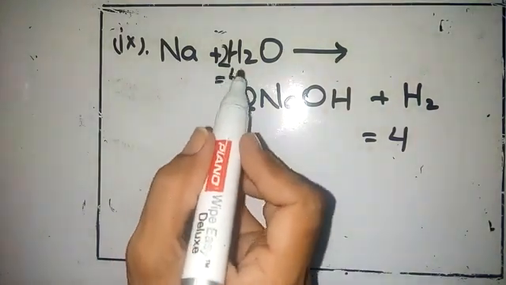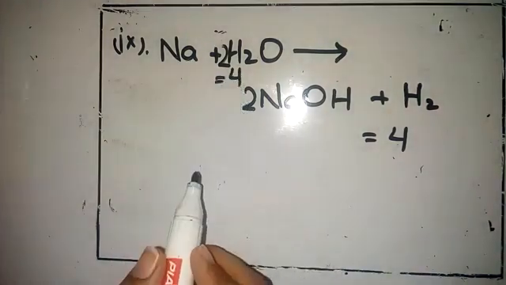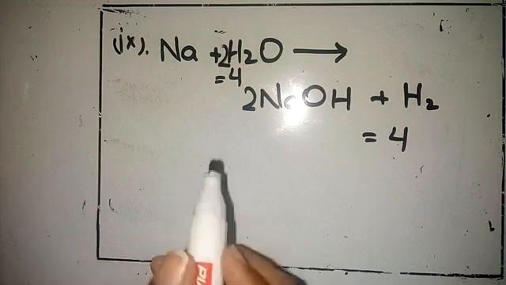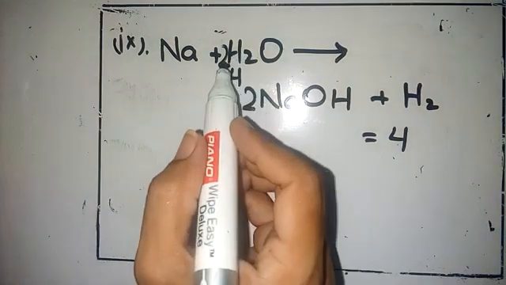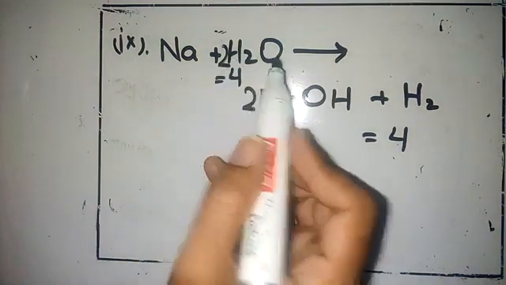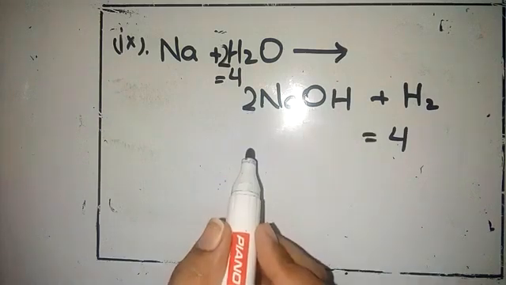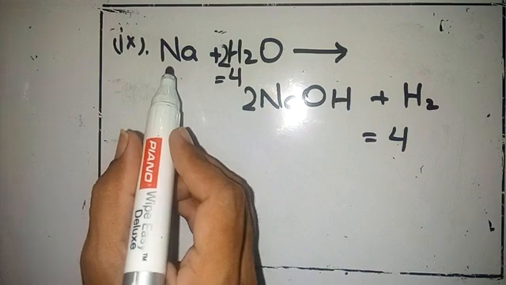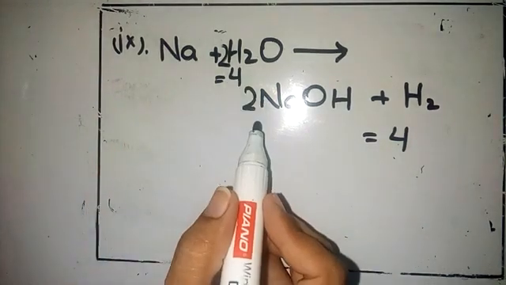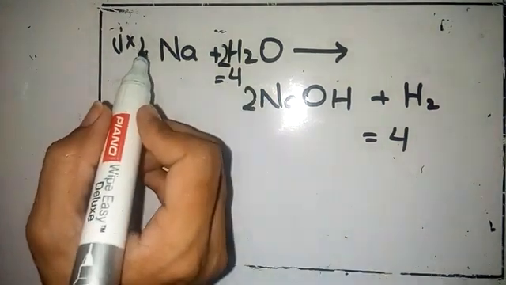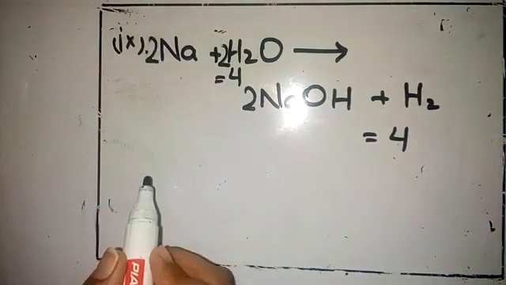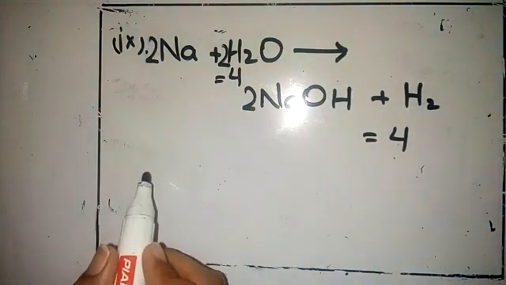Now the hydrogen is getting balanced. Now we consider the oxygen. 2 oxygens are here, and here are also 2 oxygens, so it is balanced already. And the sodium is single, and here we have 2 sodium atoms, so we put here the 2. So now the equation is balanced.